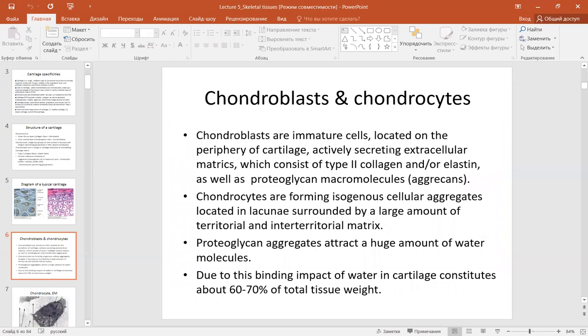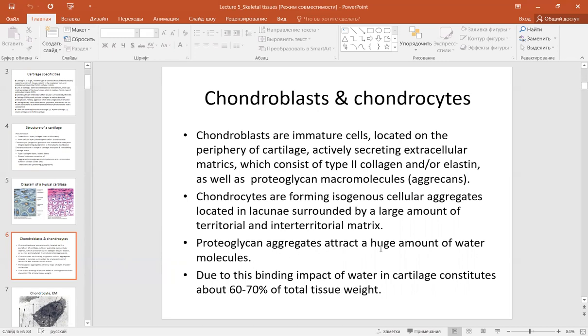Chondroblasts are immature cells located in the periphery of the cartilage, actively secreting extracellular matrix, which consists of type 2 collagen and or elastin, as well as proteoglycan macromolecules, aggrecans namely. Chondrocytes form isogenous cell aggregates located in the lacuna, surrounded by a large amount of territorial and interterritorial matrix.